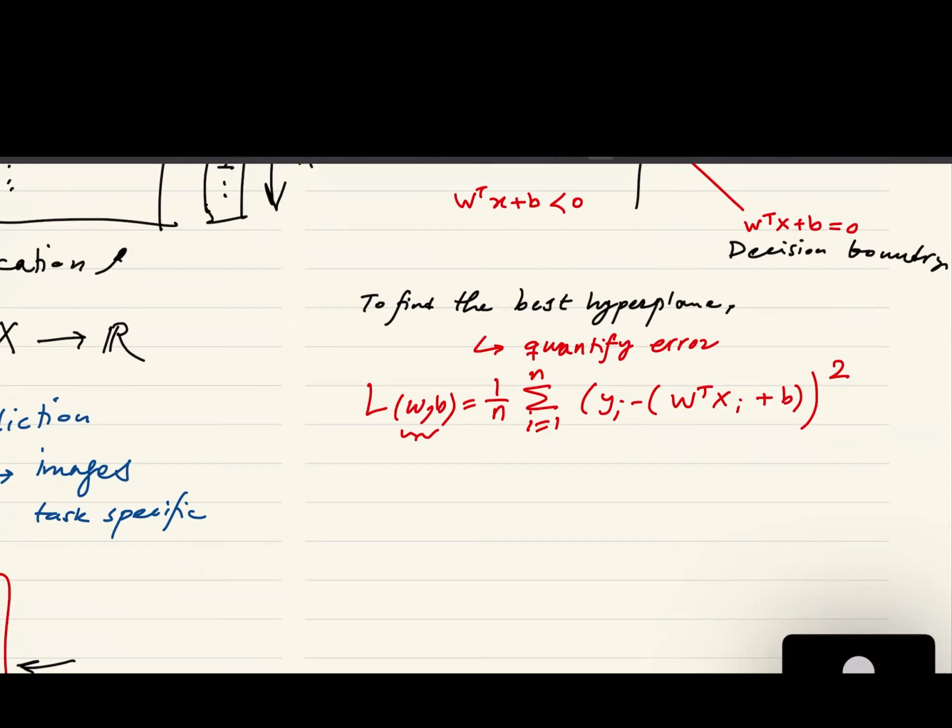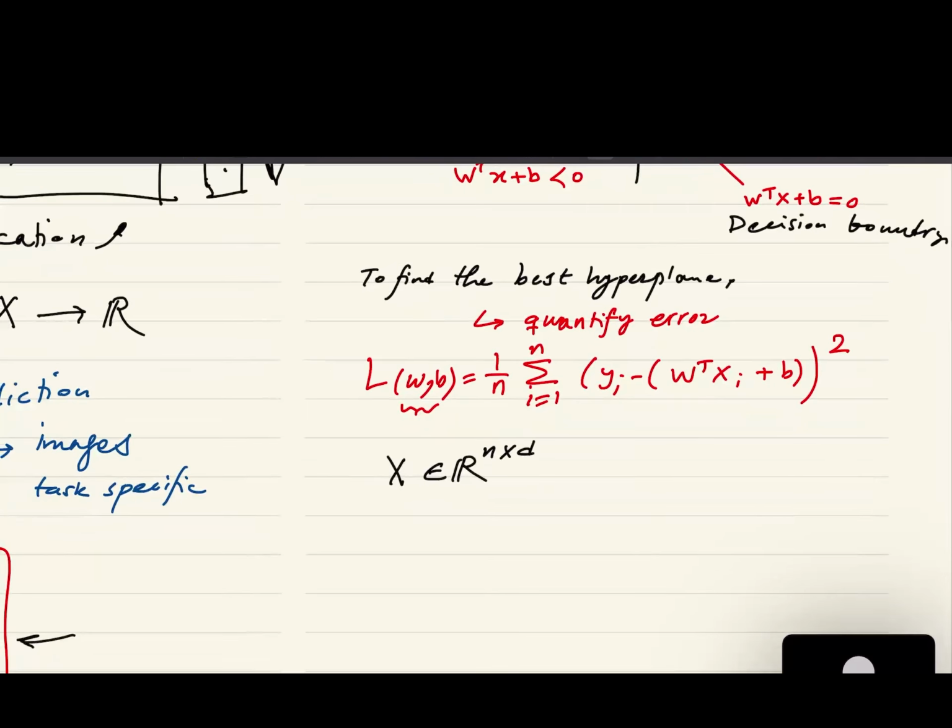into one W. How I do this is I augment X, which initially, if you remember, in the case of linear regression was an n by d matrix. I add a column of ones to the initial X, which makes the new X n by d plus 1. By doing that, I have a new W, which is now augmented with B: the previous W, and a B at the end.